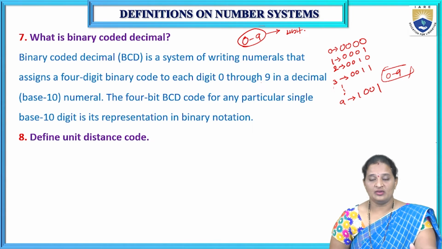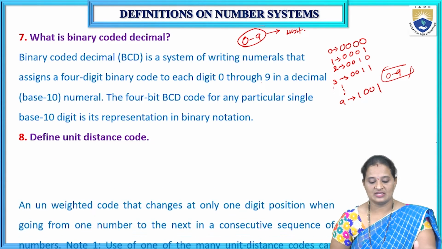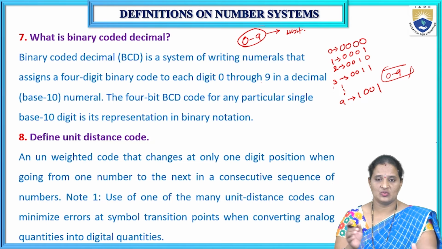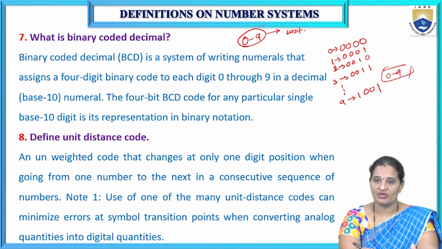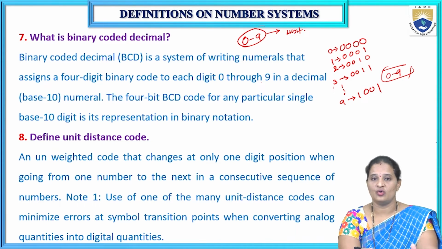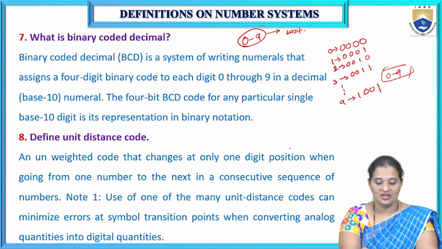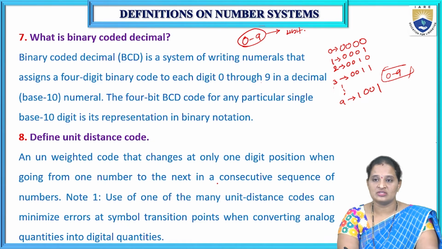Now coming to the unit distance code. What do you mean by unit distance code? A unit distance code is said to be an unweighted code or non-weighted code that changes at only 1-bit position when going from one number to the next number in a consecutive sequence of numbers.